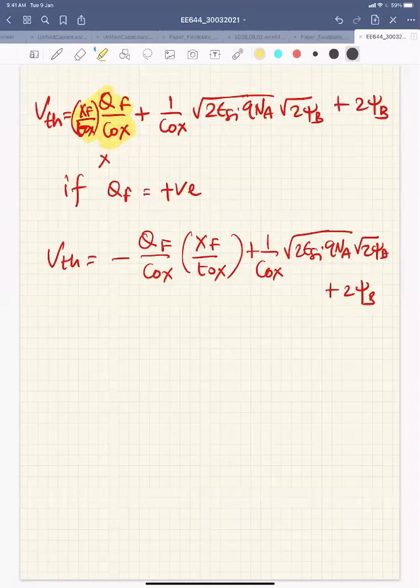This change is because of change in oxide voltage drop. Because the moment we have some charges either at the interface or inside the oxide, the electric field in the oxide changes. Since the electric field in the oxide changes, your voltage drop in the oxide will also change. And because of this voltage drop in the oxide, whether it is higher or lower, the threshold voltage will change accordingly.